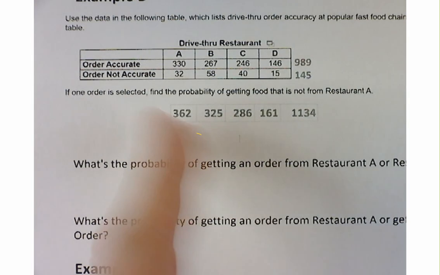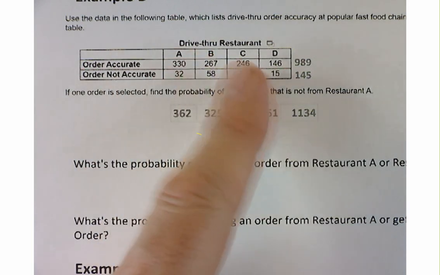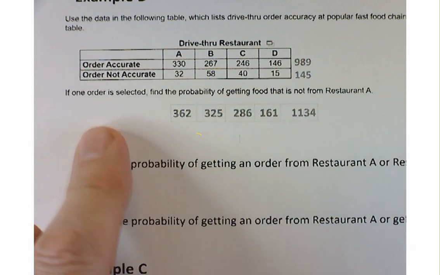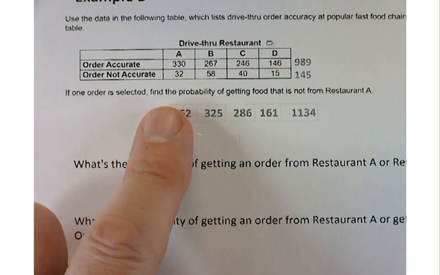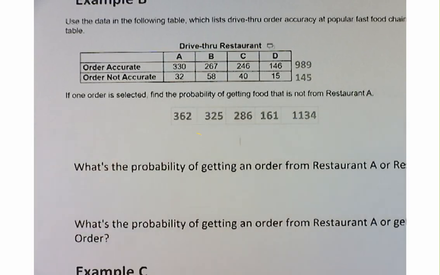If you actually look at the physical copy of the book, these restaurants are probably McDonald's, Burger King, Taco Bell, and maybe Kentucky Fried Chicken, not sure. But we want to look at the probability. If one order is selected at random, find the probability of getting a food that is not from restaurant A.